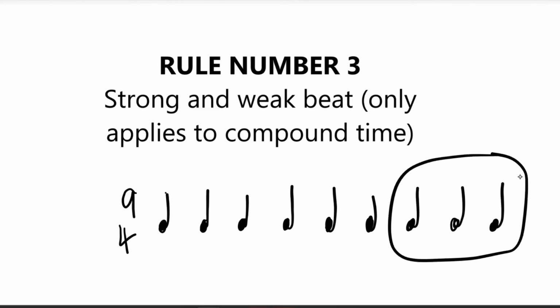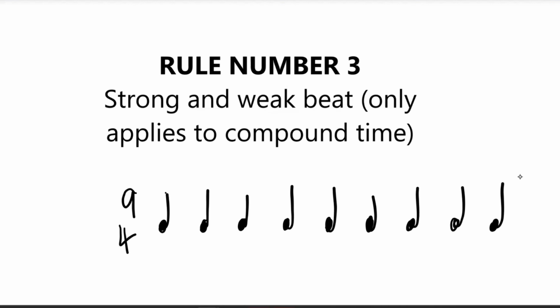But if we think of the strong and the weak beat thing like before, and we take this group here and apply it, there's my strong beat and there's my weak beat. If I only had one crotchet out of this group, then I'd need to split that into two crotchets for the remaining part of the group. But if I had the crotchet at the end of the group, now I can simplify and use a minim.